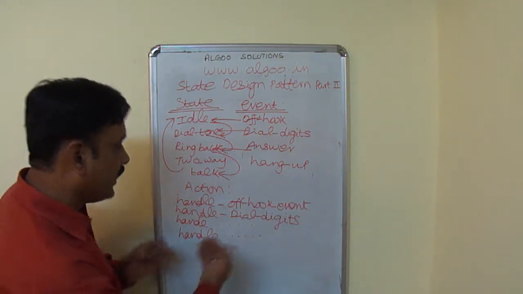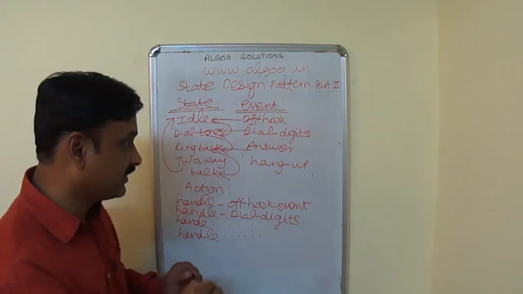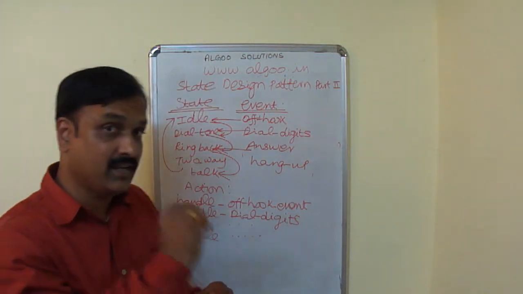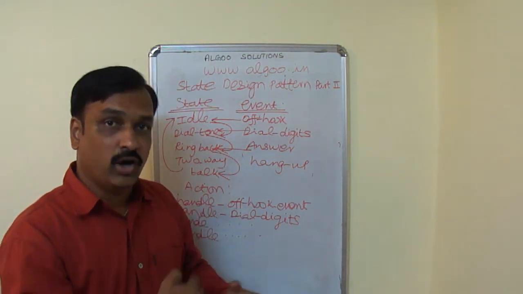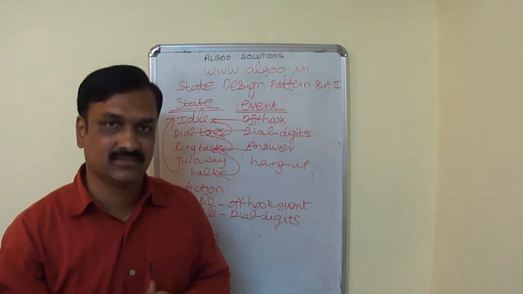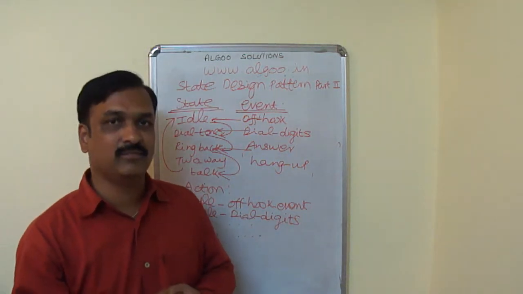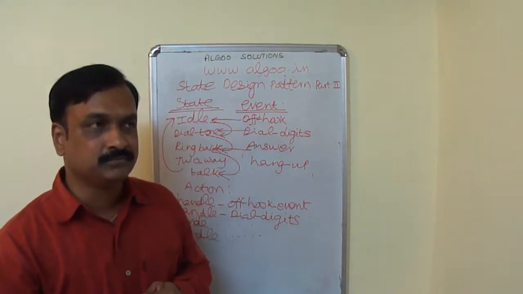And who has all these behaviors? Now please remember, what did we say as a definition for the state pattern? The object alters its behavior based on the current state. Please get this right. The object alters its behavior based on the current state.